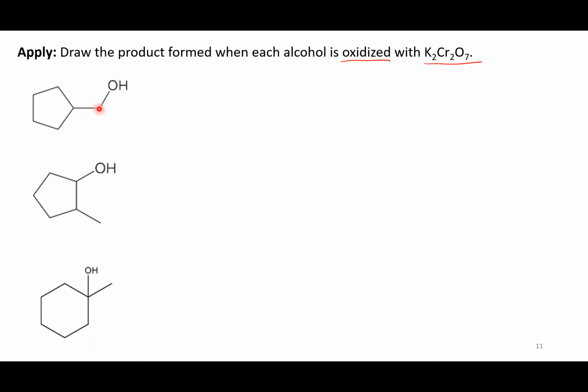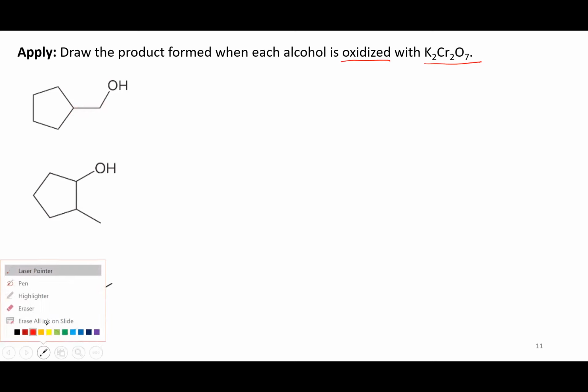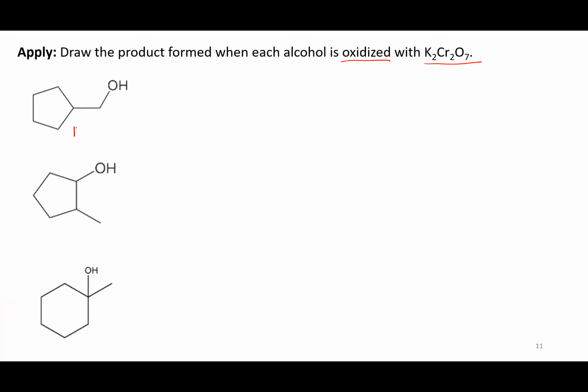So this carbon here is bonded to one other carbon. So that means this is a primary alcohol. So that means that I have two hydrogens here. So my first oxidation step, this notation here is just a generic term for some oxidizing agent.